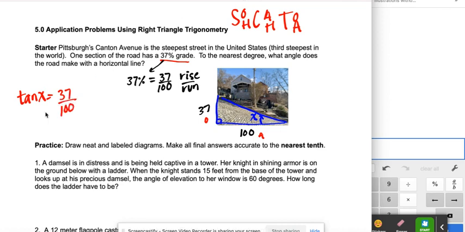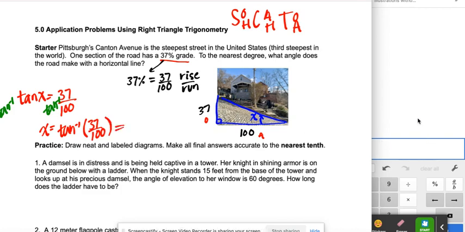And then the only way to unattach tan from x is inverse tan. If I do that to one side, I have to apply the inverse to the other side. So now I have x equals the inverse tan of 37 over 100.